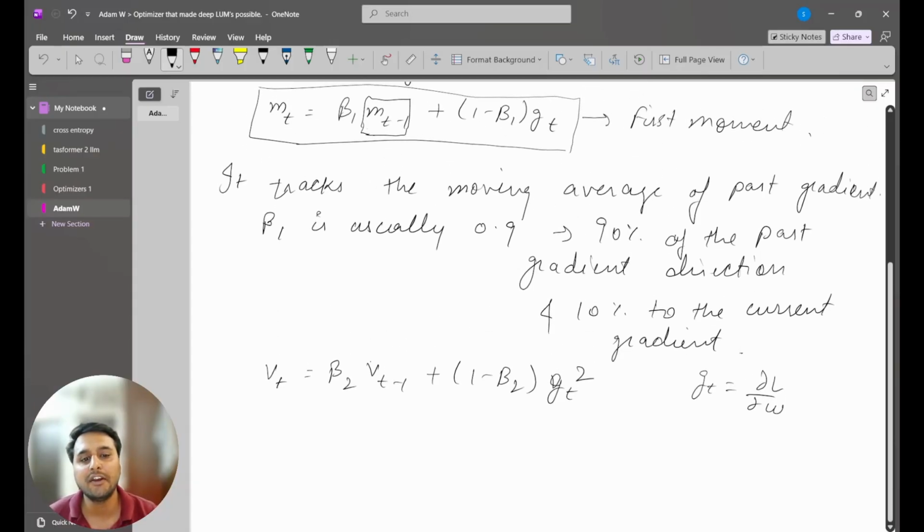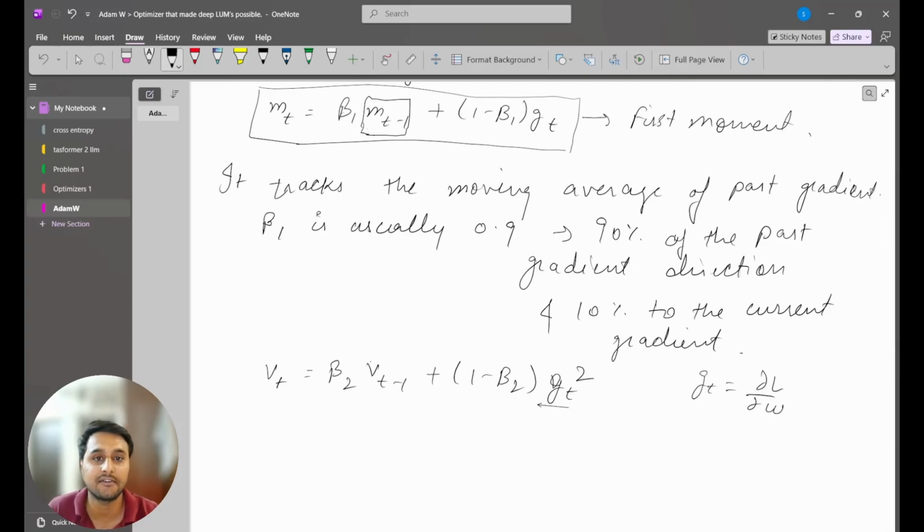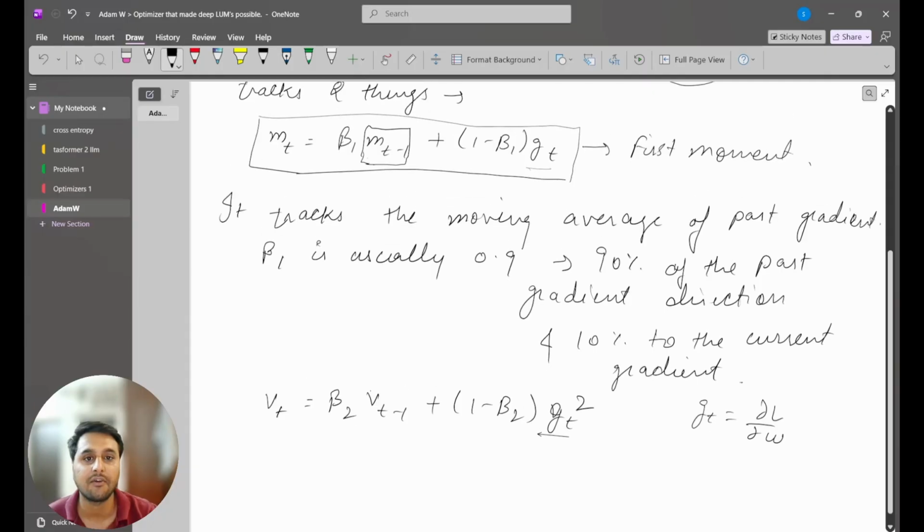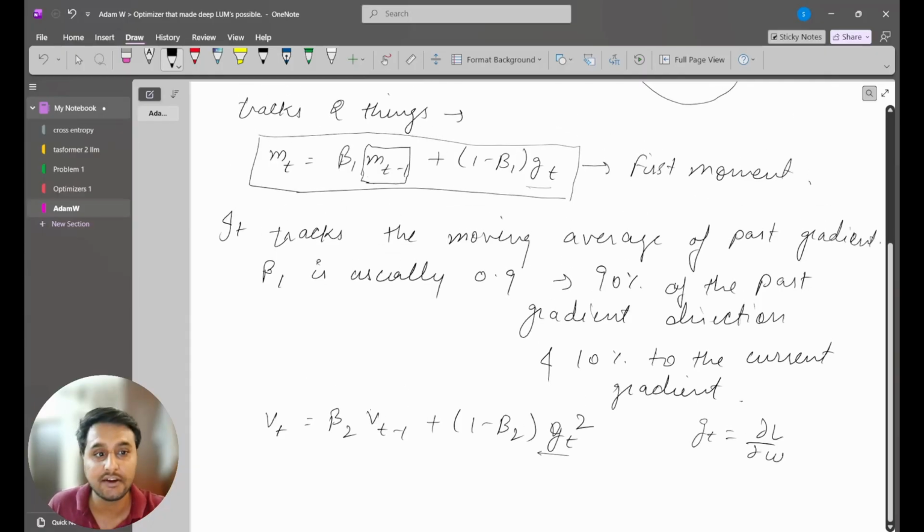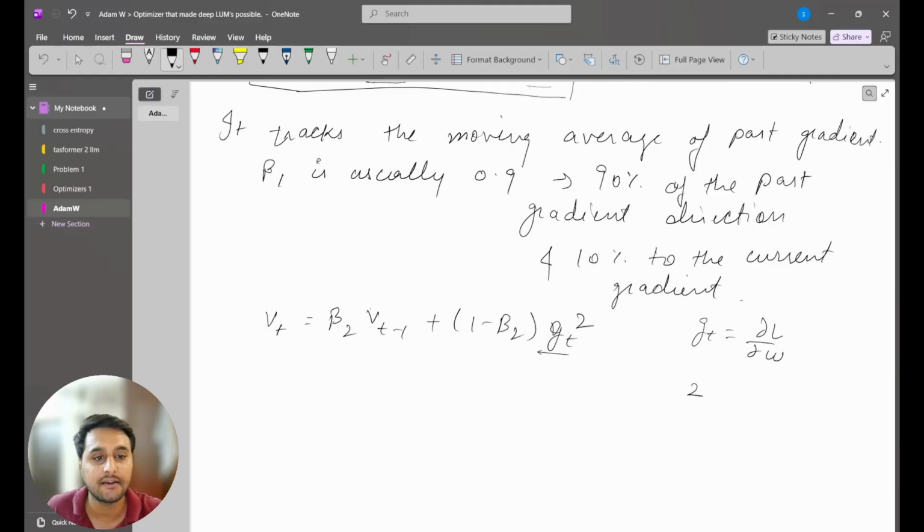Now let me tell you one important thing: here we take the square, and in the first moment we take only Gt, no squaring. Why is it so? This is because in the first moment we want direction. If this derivative is like plus 2, minus 2, plus 2, here we need the sign, the plus or minus, in which direction we need to move right now.